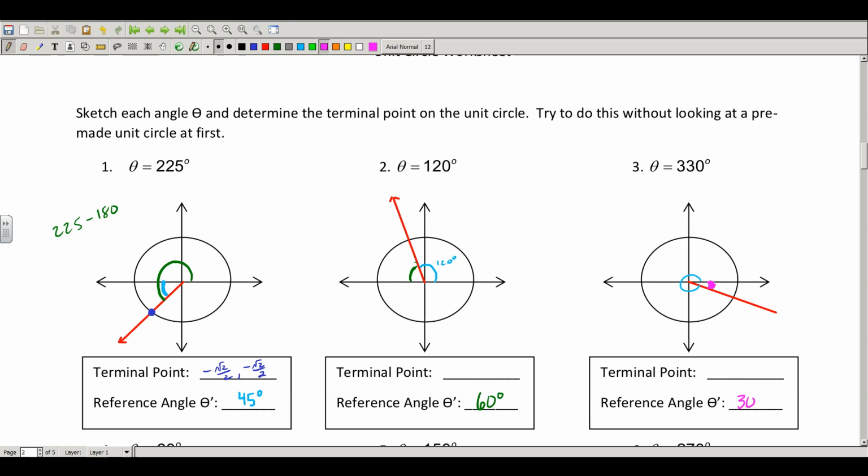The reference angle is 30. We don't say it's negative or anything like that. We count it as positive. Technically in that case, you could take 360 minus 330. But if you just draw it out, you can reason your way through what that little gap is, and what I have to subtract or add to get back to the x-axis: 30 degrees.